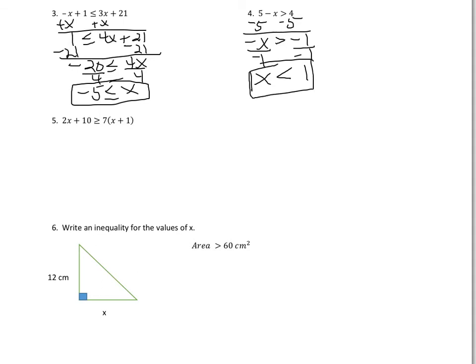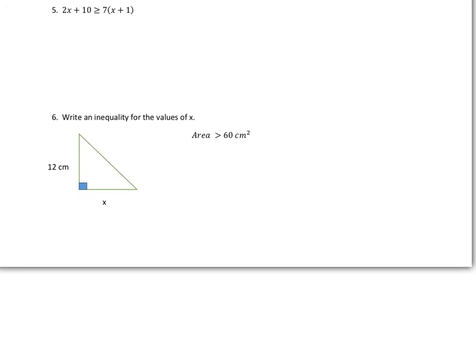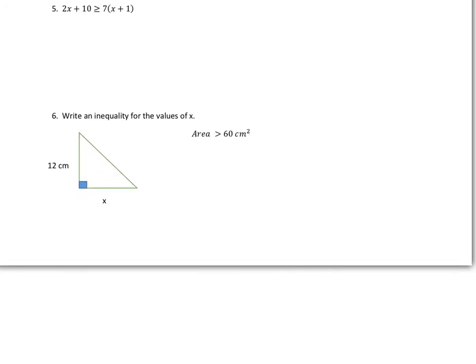Okay, and let's move this up. Number 5, we have 2x plus 10 is greater than or equal to 7 times the quantity x plus 1. So we're going to do the distributive property first. So this 2x plus 10 is going to stay the same, greater than or equal to 7x plus 7. And then I'd want to get the variable on one side, so I'm going to subtract 2x from both sides.